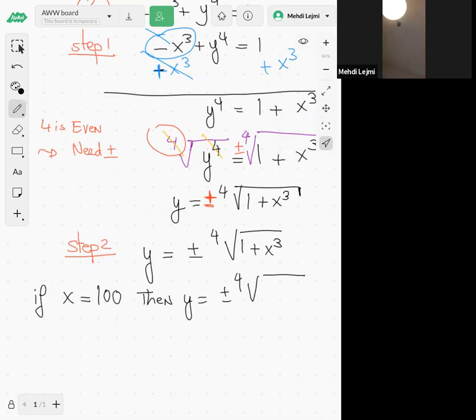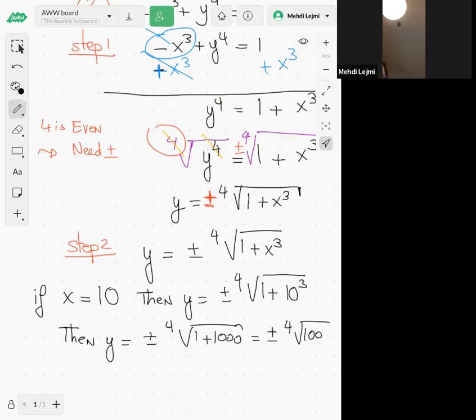Or not 100. It's gonna be a very large number. Just going to take 10. So it's fourth root of 1 plus 10 cubed. 10 cubed, that will be 1000, right? So then y will be plus or minus fourth root of 1 plus 1000. So that's plus or minus fourth root of 1001.